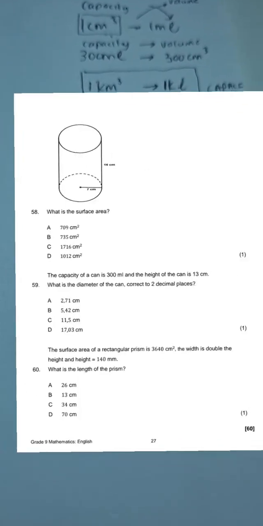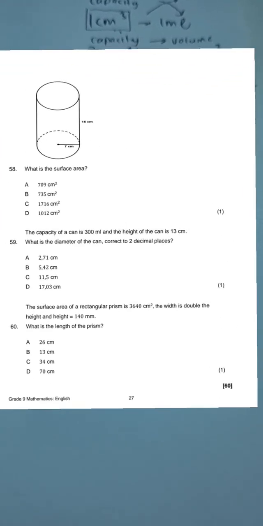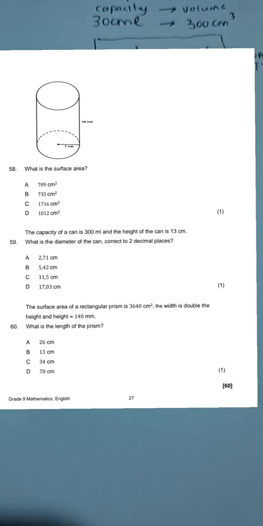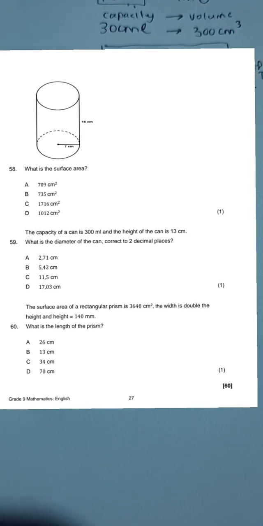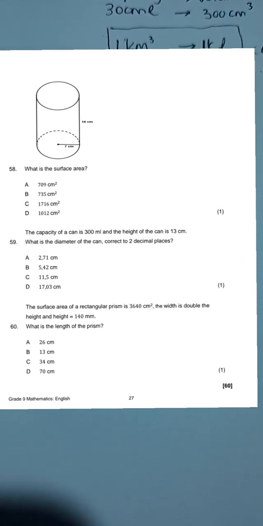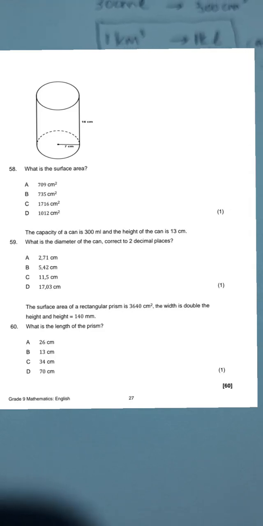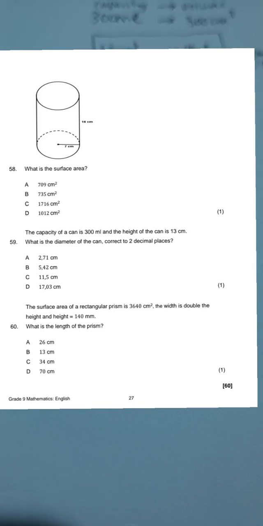So in our question, guys, that was listed there in number 59, they say the capacity of a can, grade 9s, is 300 milliliters and the height of the can is 13 centimeters. What is the diameter of the can, correct to 2 decimal places?